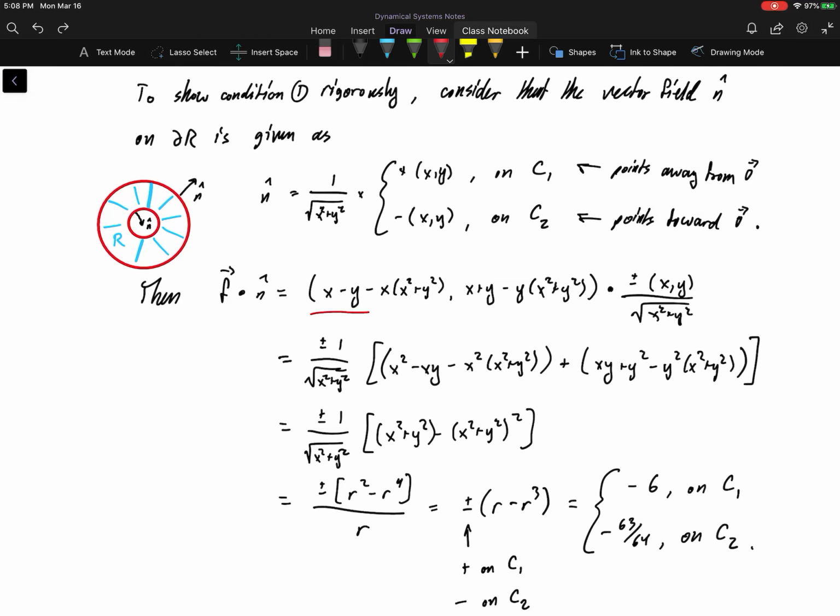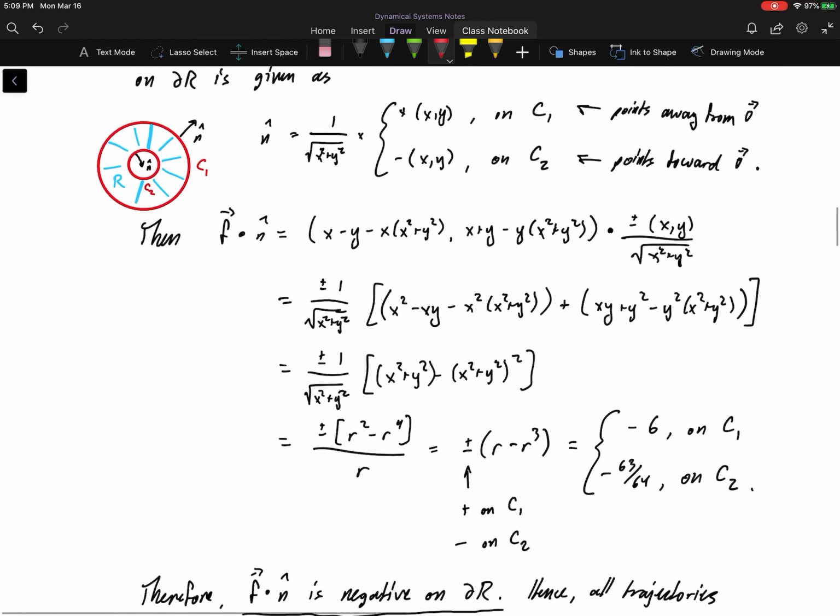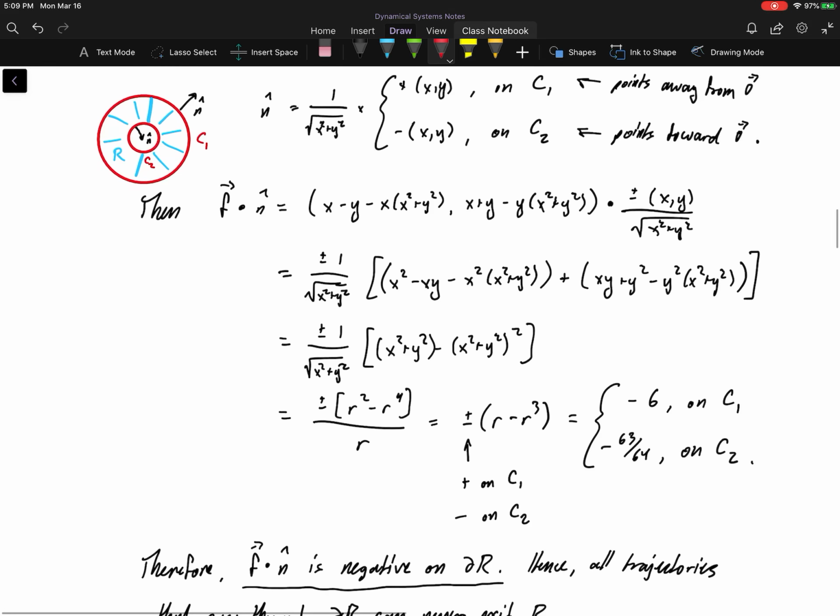So you're just taking this dot product of what your vector field looks like against some outward pointing normal vector, and you get a plus or a minus depending on which boundary curve you're sitting on. Remember, C1 is out here and C2 is in the interior, or the inner component. So if you go through this computation, which I recommend you do, verify what I do. Don't just take it on blind faith here. It's a bad idea.